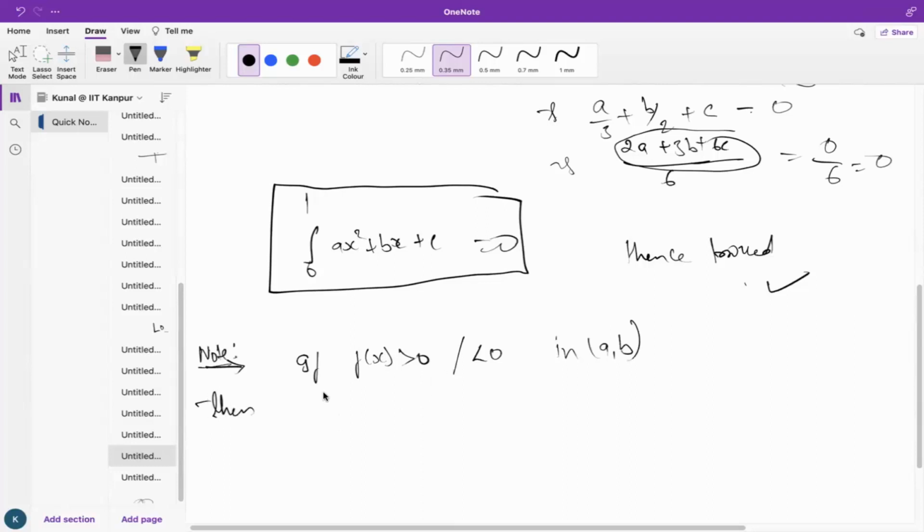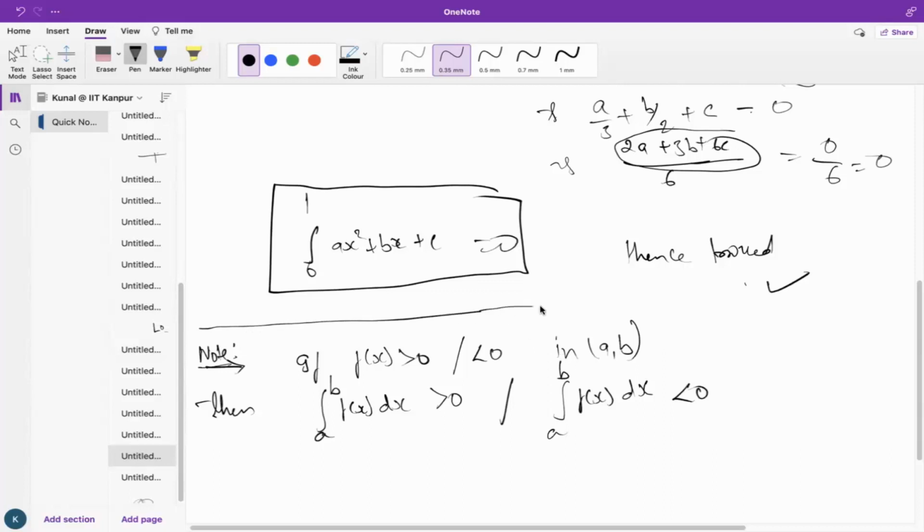When f(x) is positive, the integration of f(x) dx from a to b is positive, and when f(x) is negative, the integration of f(x) dx from a to b is negative. If the function is positive in a to b, then its area is also positive, and if the function is negative, its area is negative.